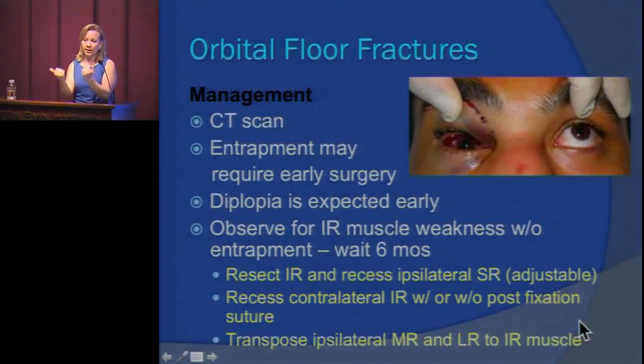When they go into down gaze, you weaken the contralateral muscle, basically dropping their head down to achieve down gaze and equalize those two weaknesses there. Or you can transpose the ipsilateral medial rectus and lateral rectus to the inferior rectus muscle if there's significant paresis there.